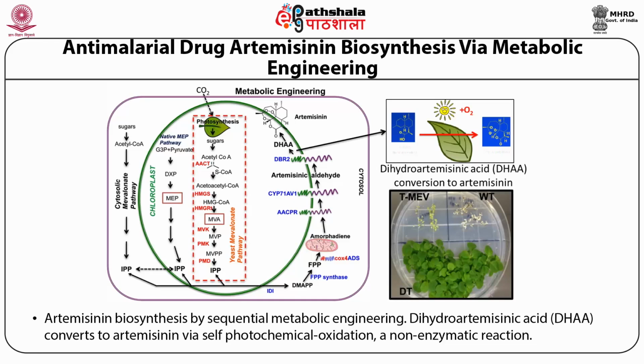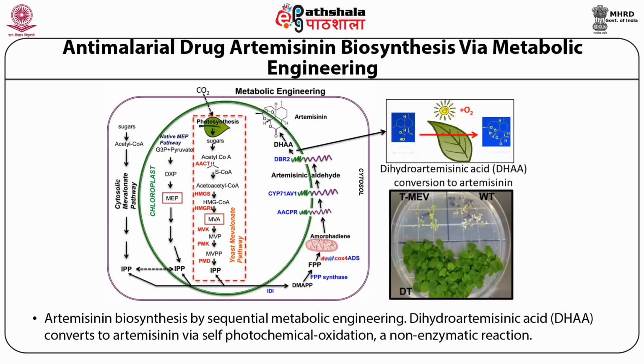This IPP was further derived to produce the drug, and we put this artemisinin biosynthesis pathway outside in the nuclear genome and targeted either to the mitochondria, to produce higher amorphadiene, or to the chloroplast to avoid the glycosylation process.